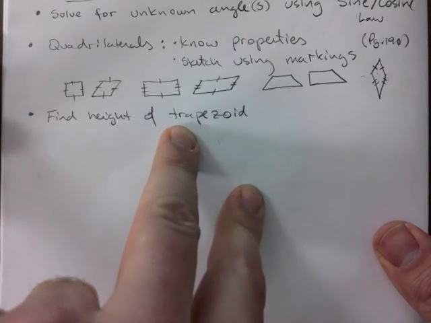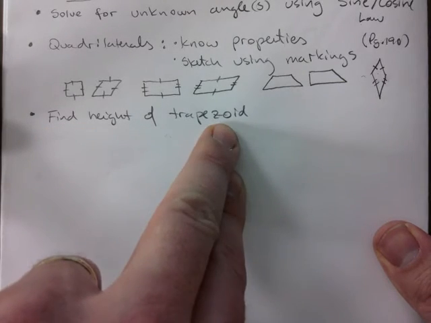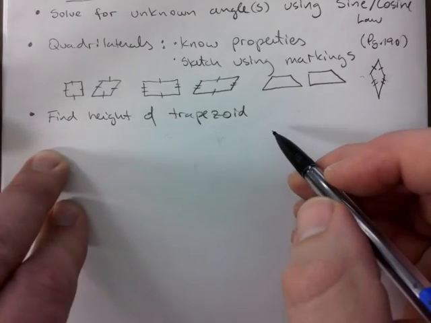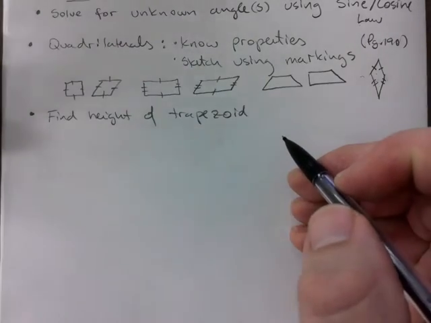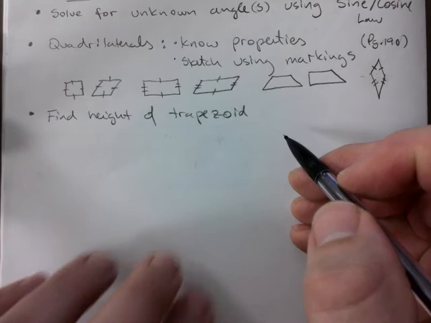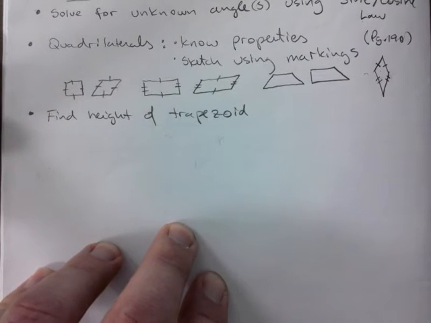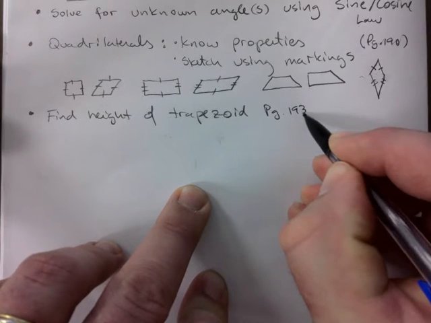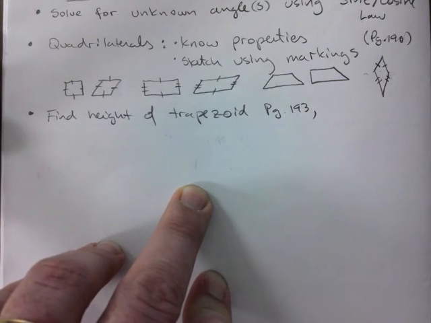And that should be enough for you. Find the height of a trapezoid, right? Let me see if I can quickly reference that to a page number. Page 193. And 194.